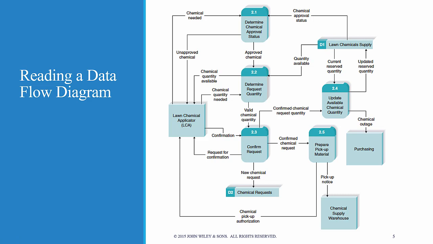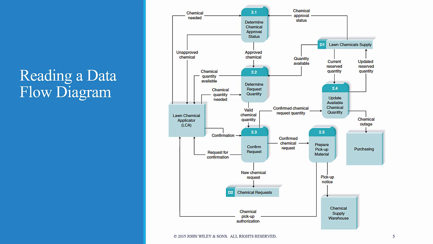External entities provide the data to the system and receive data from the system and serve to define the system boundaries. So you can think of the entities as circumscribing the scope, showing the boundaries, the edges of the system itself.